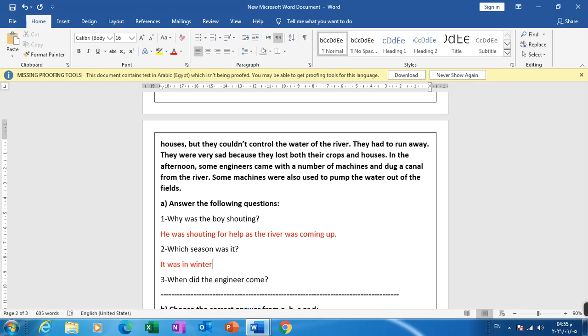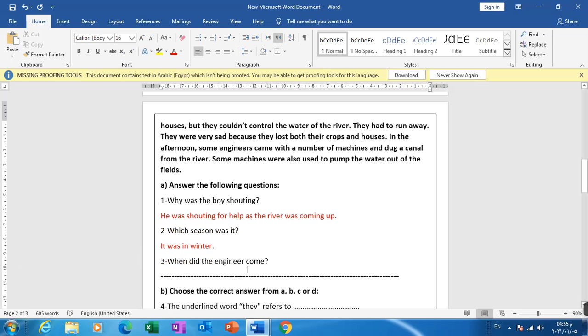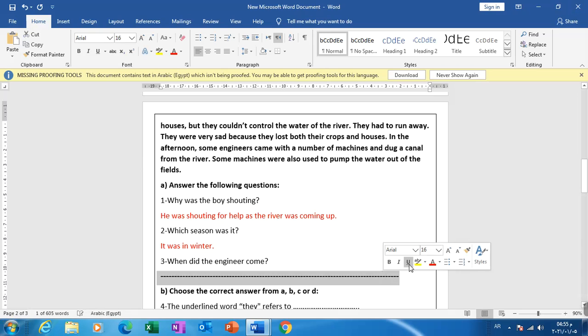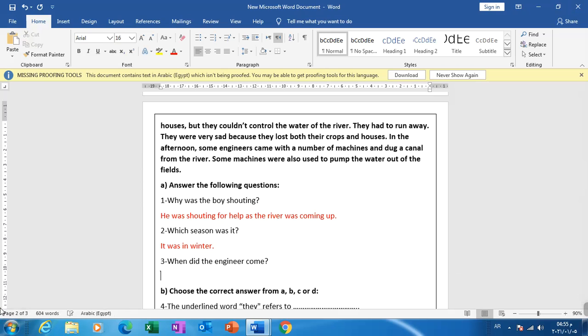What's the meaning of winter? Winter season. Number 3. When did the engineer come? Engineer means engineer. When? For time. Okay. When did the engineer come? Some engineers came in the afternoon with a number of machines. So when, in the afternoon. In the afternoon.